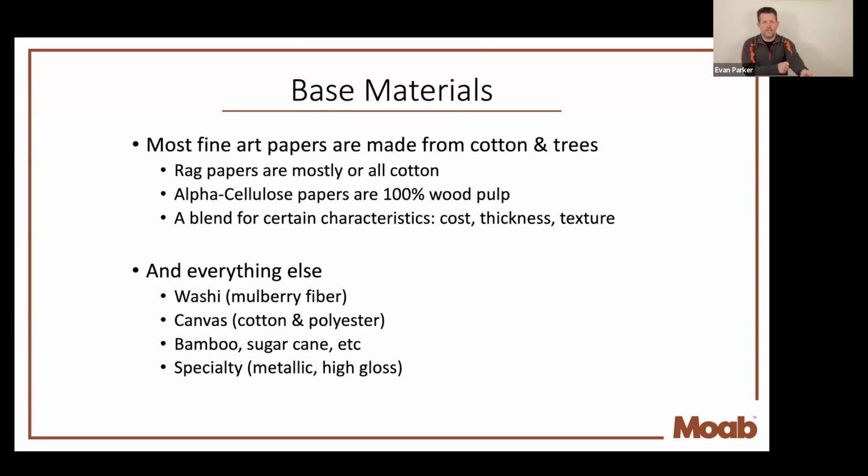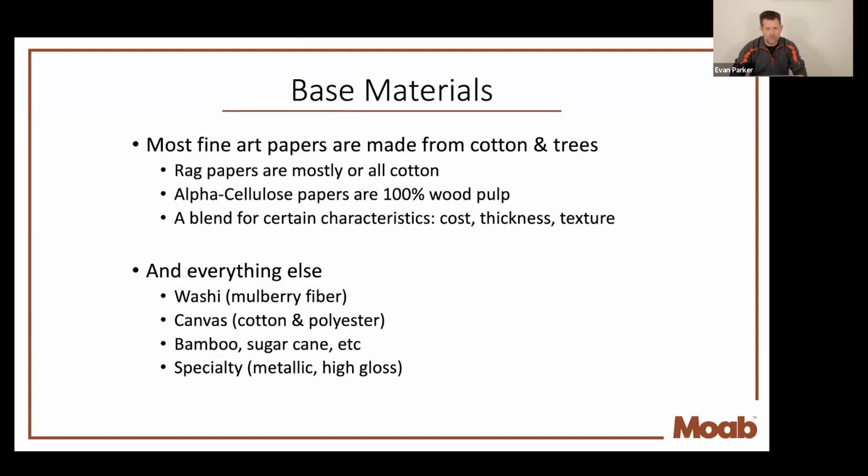So the first thing that we talk about a lot is what the paper is made of. Most papers are made from either cotton or wood pulp, which we call alpha cellulose. And then there are the other materials that are more specialty papers that we see a lot more of now. So you'll hear some terms thrown around a lot.